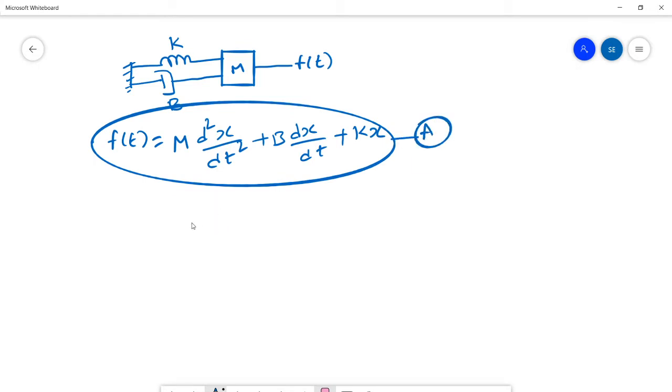Then let us consider an electrical system, series RLC circuit, where we can take in this way. We have an input voltage V of t, and we have a resistor, and inductor. We'll take RLC as usual.